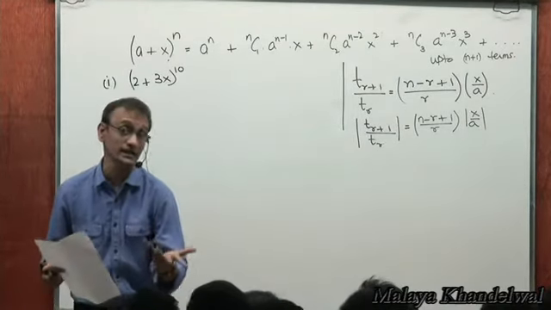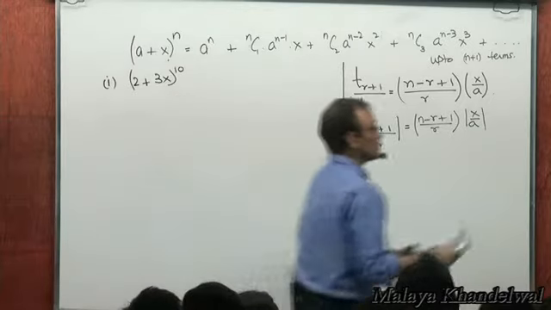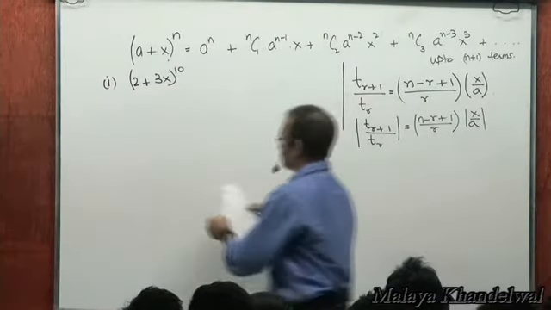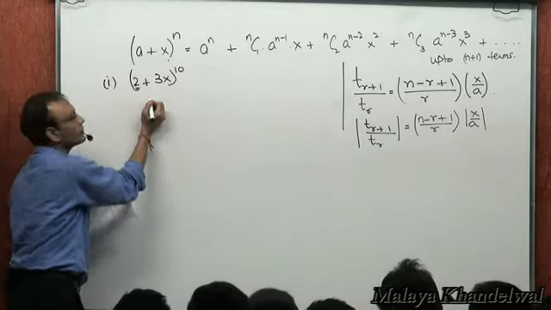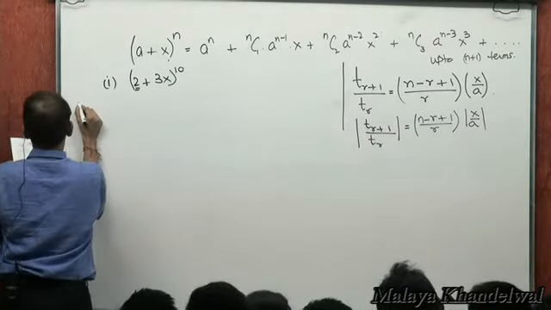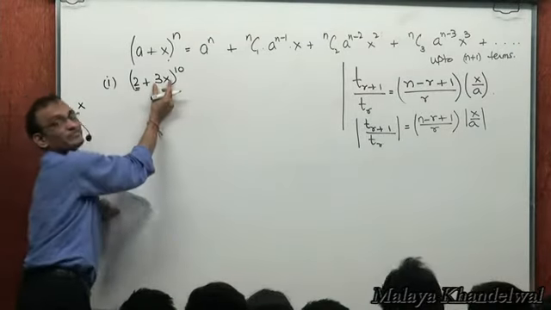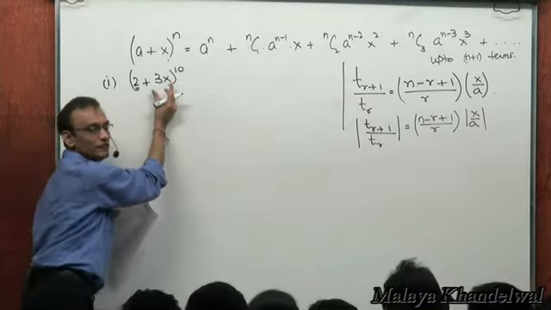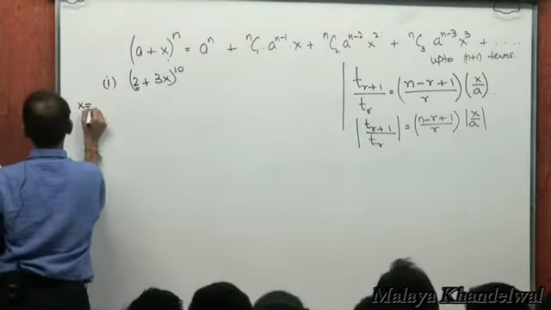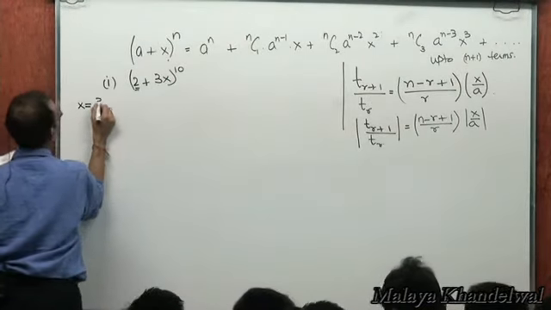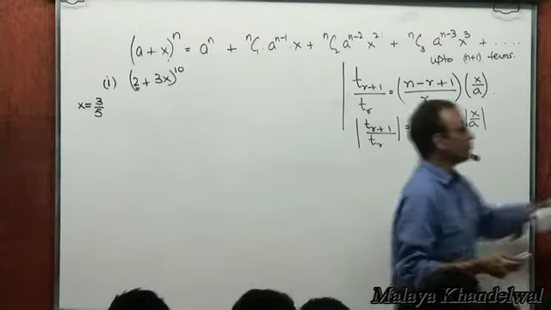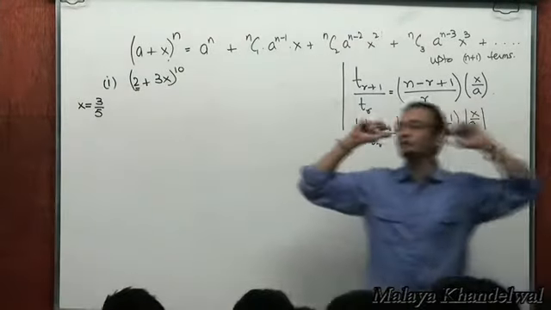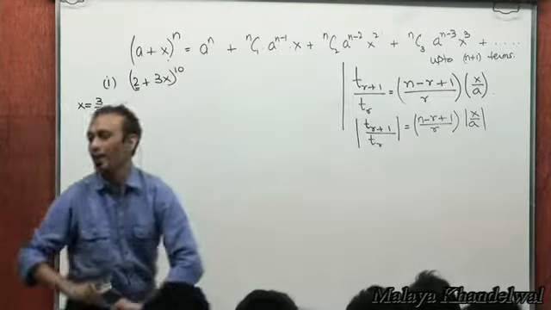In this case, a is 2. We want to find this for x, and instead of x, you have 3x. We want to find the numerically greatest term for x equal to 3 by 5. For x equal to 3 by 5, I want to find which of the 11 terms will be the greatest in this expansion. Clear?